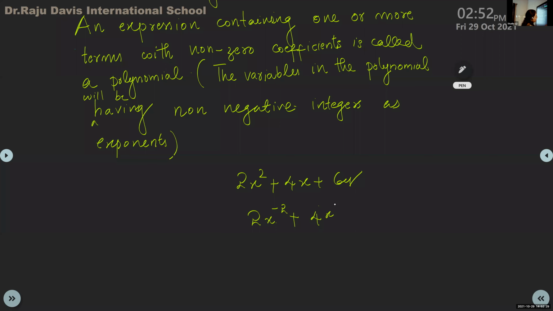Is this a polynomial? No, because a negative number should not come as an exponent. But coefficients you can write negative. You understood?